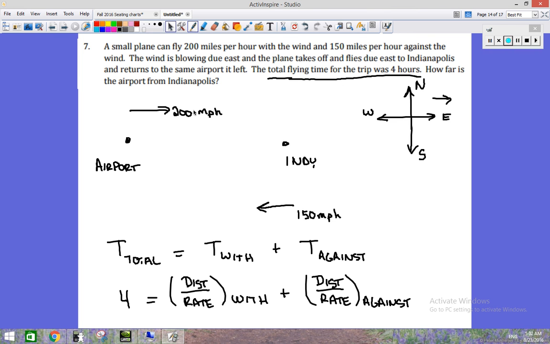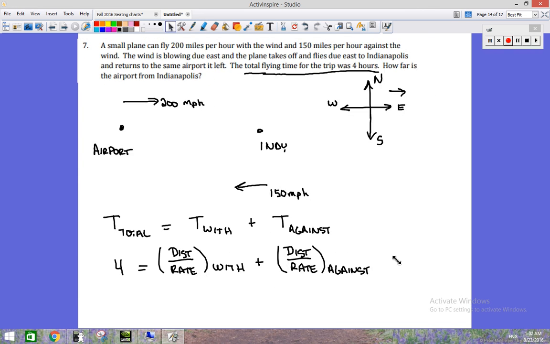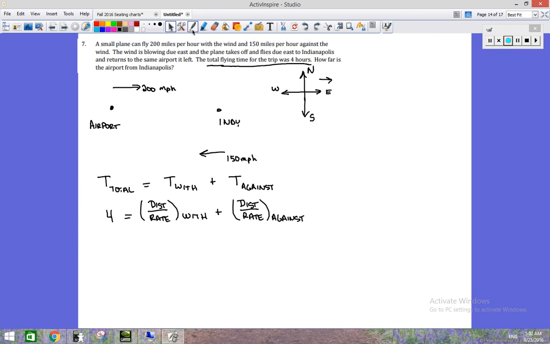All right, now that we have our relationship and equation, let's substitute in values from the problem that are given. We want to let x be that distance. How far is the airport? So x is the distance from the airport to Indy, which is the same as the distance from Indy to the airport. So that's my numerator, and in each case, that distance on each leg doesn't change.